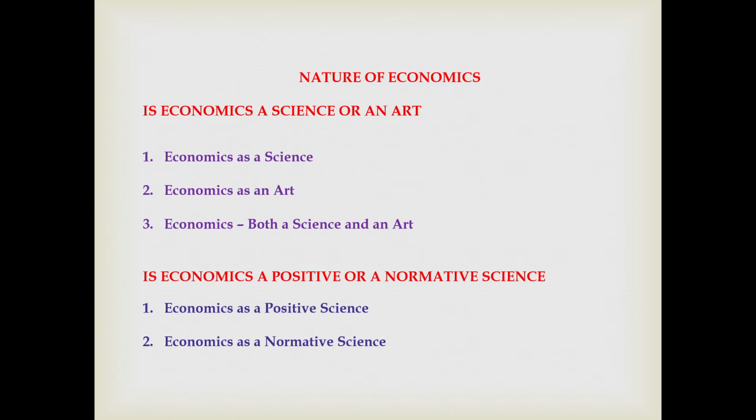Observations can be made and used to prove or disprove theories. The results apply universally. But in economics, experiments cannot be conducted in laboratories. Its laboratory is the economy at large, where conditions cannot be controlled.